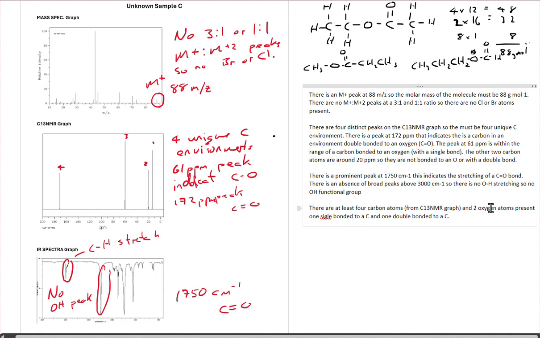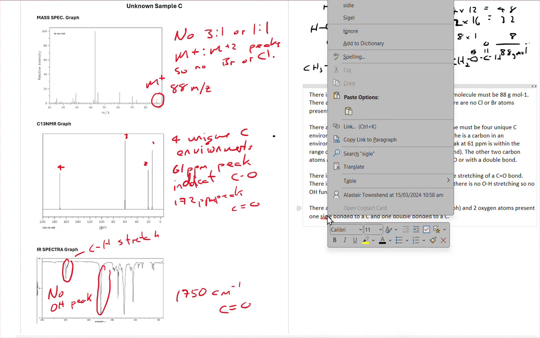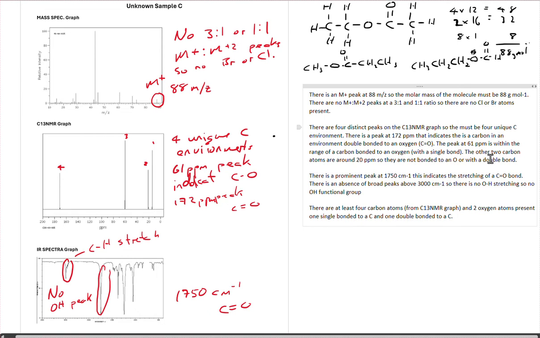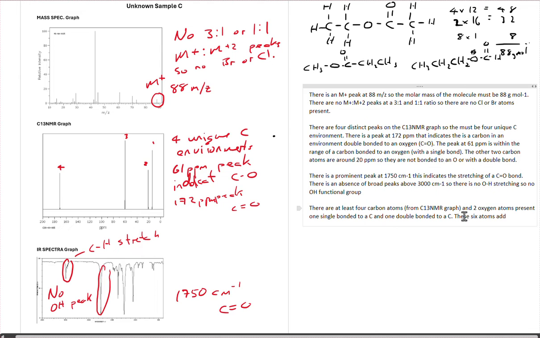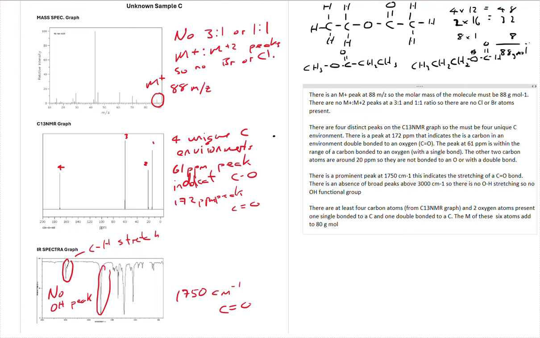Okay, so what we're saying is the molar mass of these 6 atoms adds to 80 grams mole^-1.